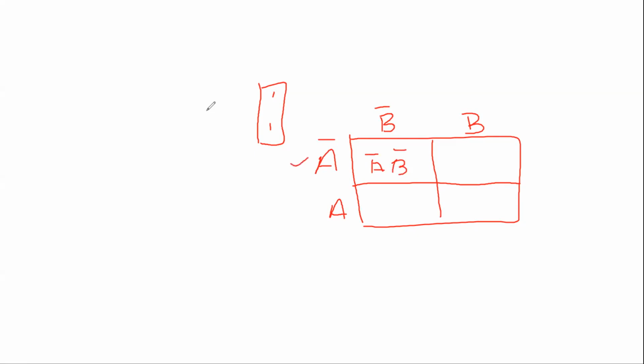Then this A will be written over here, A complement, and this is B, simple B. Now write A and B complement, and in this cell this is the A and this is the B. With two variables, we must take the complement of each: A complement, B complement, and simple B and A. Then fill the cells: A complement, B complement in the first cell.